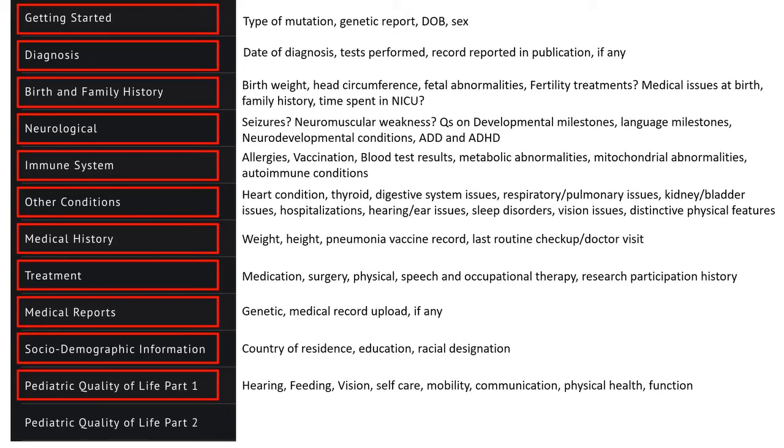There's pediatric for young children, and quality of life adult for adult patients. This covers hearing, feeling, vision, how they function daily, self-care, mobility, communication, physical health. And part 2 follows up with behavioral readings.